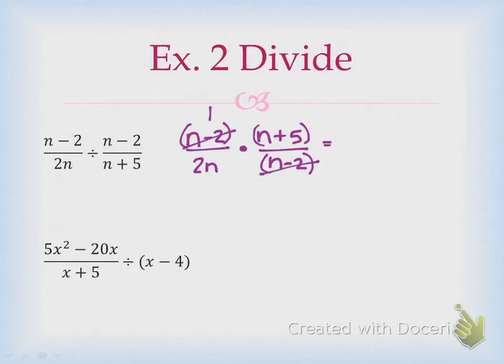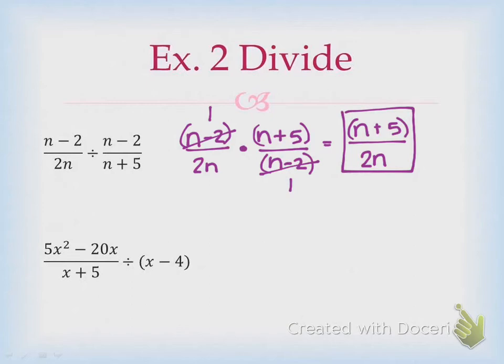So I've got 1 here and a 1 here. 1 times n plus 5 is n plus 5 over 2n. Is there anything I can cancel out now? No, because this n plus 5 is off limits. Remember, unless there's another n plus 5, I can't touch it. So this is my final answer.